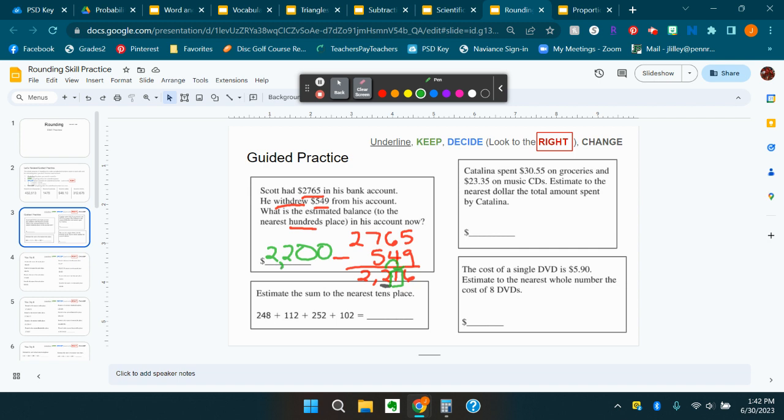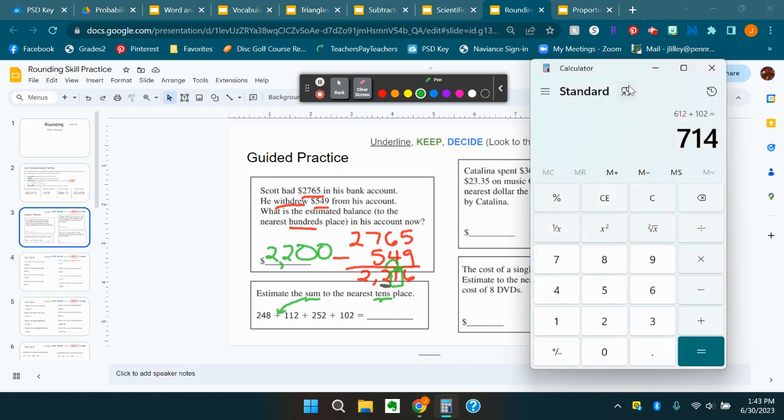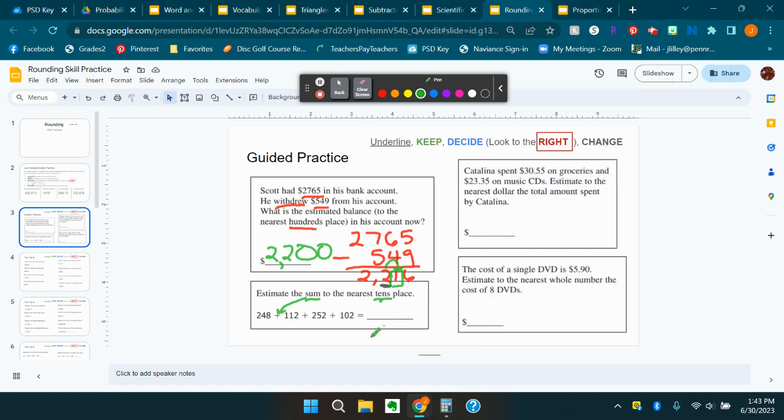The next one says estimate the sum to the nearest tens place. And if you forget what sum is, it really tells you right here. We're simply adding these numbers up, and then we're going to round to the nearest tens place. In this case, when we add our numbers up, we end up with 714 as our answer.